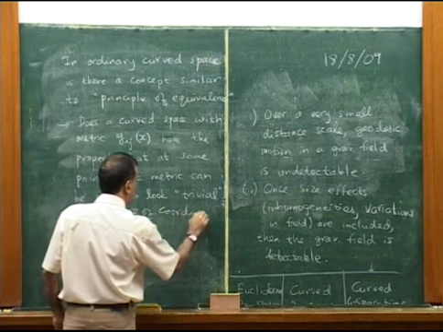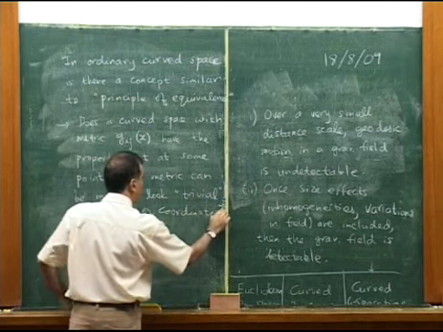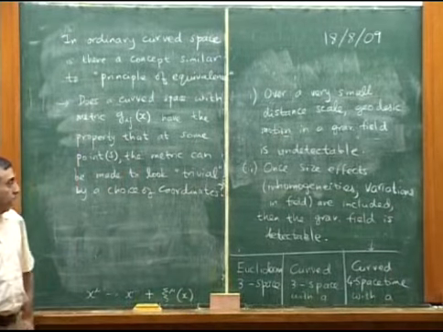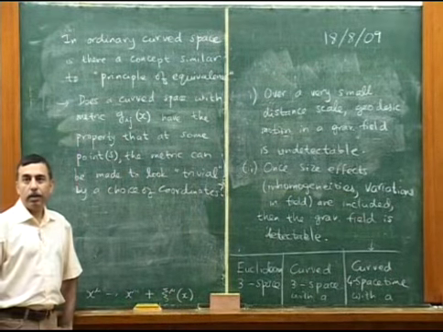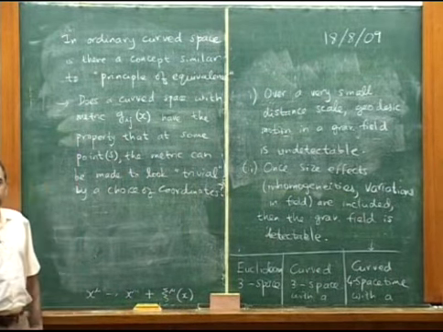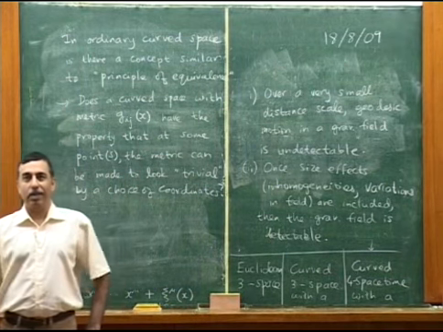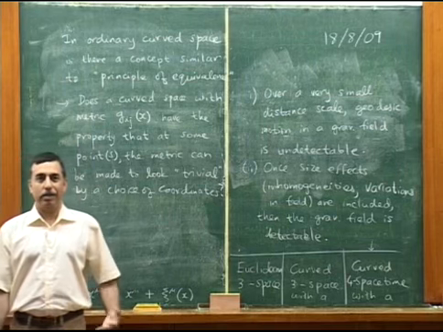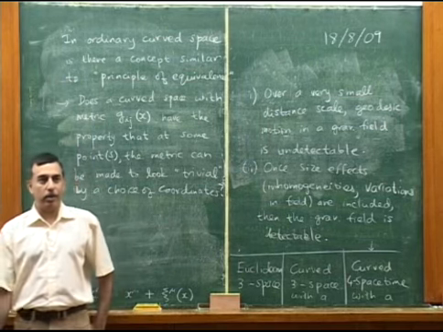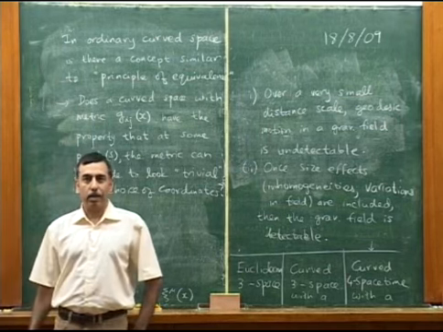What's a trivial metric? Delta ij would be a trivial metric. Yeah? Just the identity in a space. That's what would cause us to say, well, essentially there's no metric. It's just a familiar Euclidean space. Euclidean space has the metric delta ij.